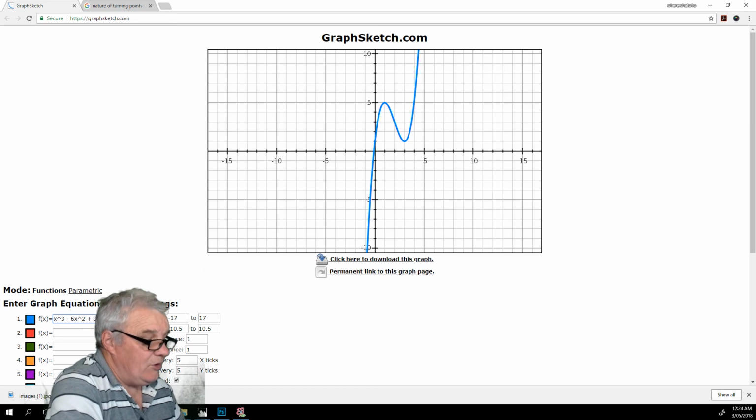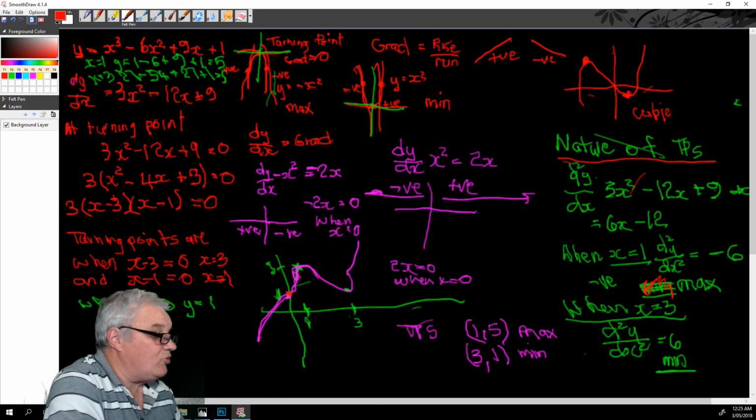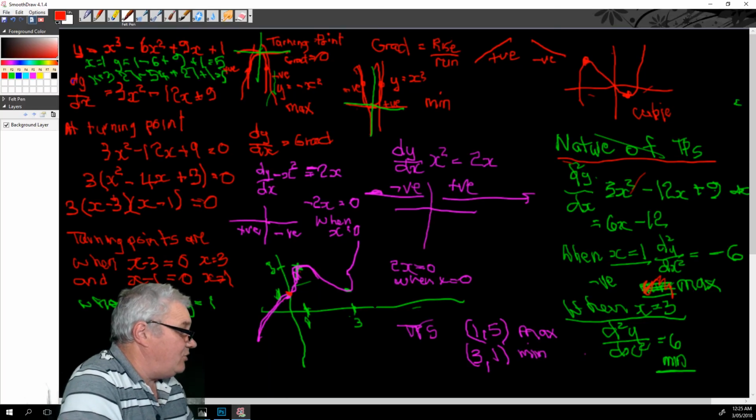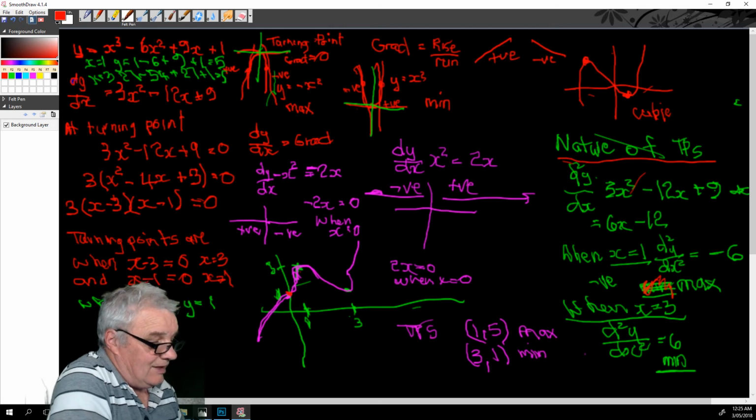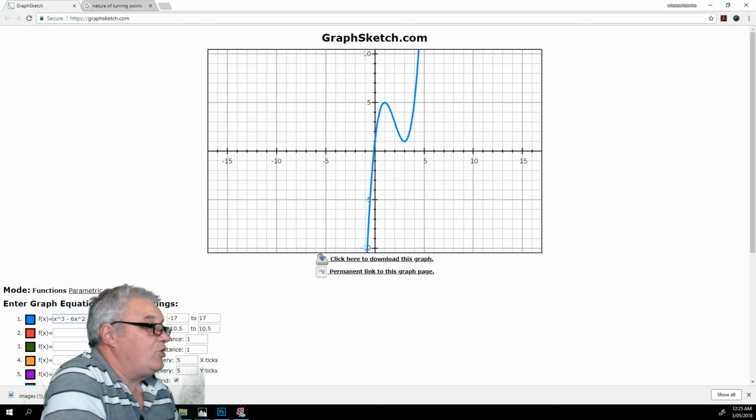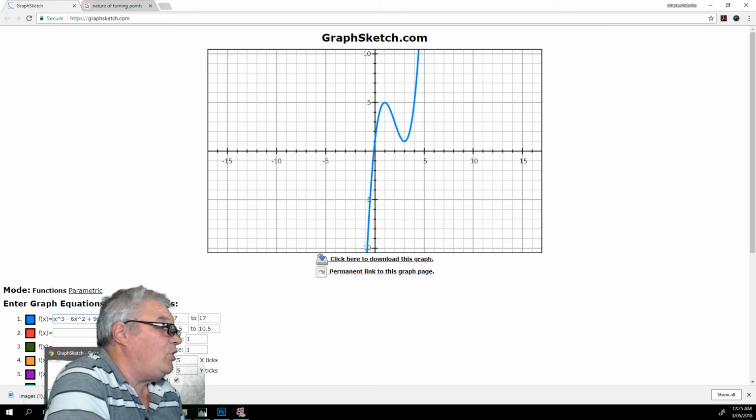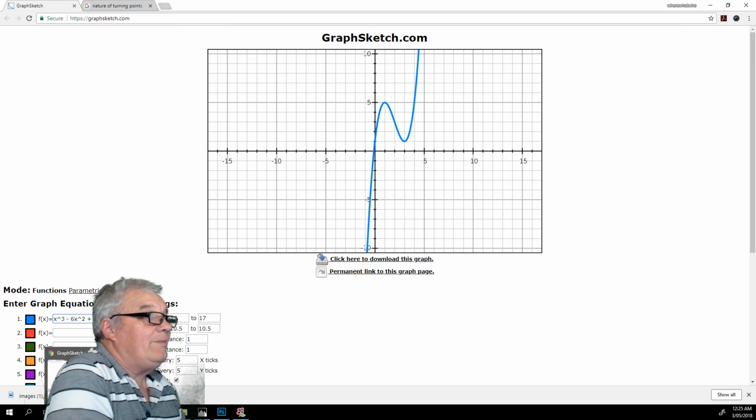So in an exam situation, this is all the information you've got: your pen and pencil and your calculator. When you're doing some study beforehand, you have the luxury of these other technologies that can help you to confirm what you've done, which is what we've used there with graphsketch.com.